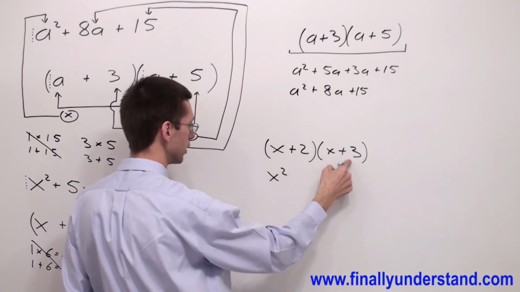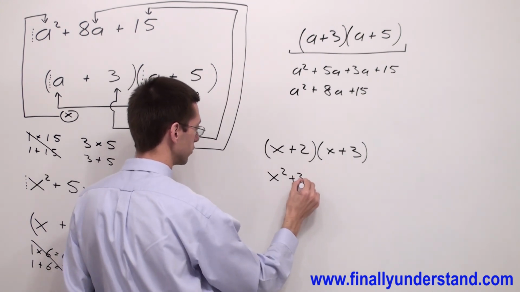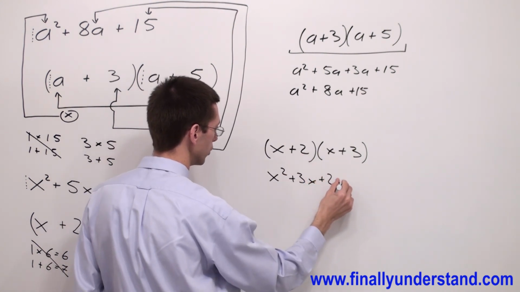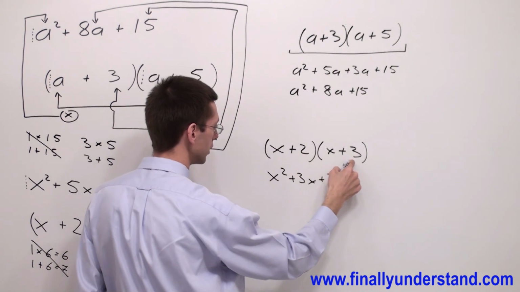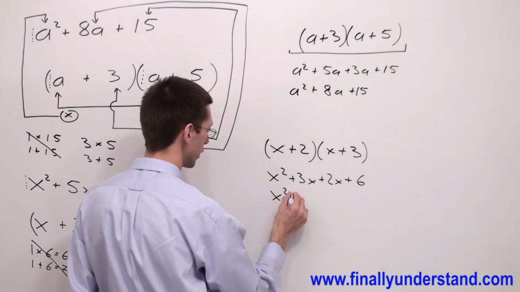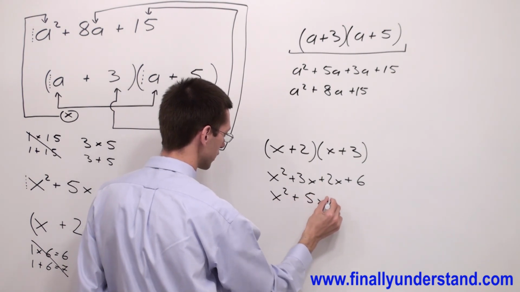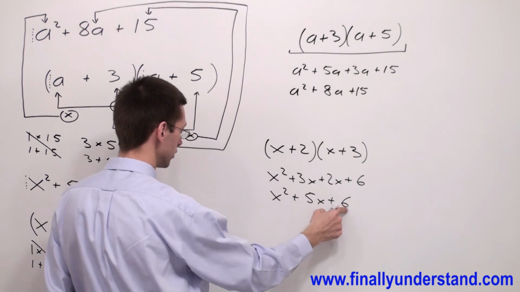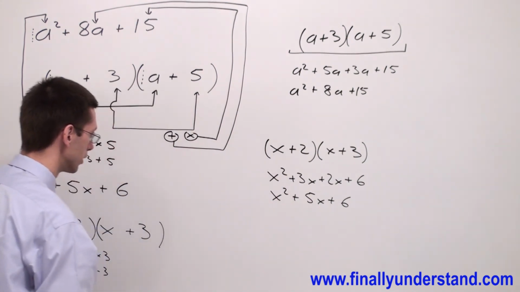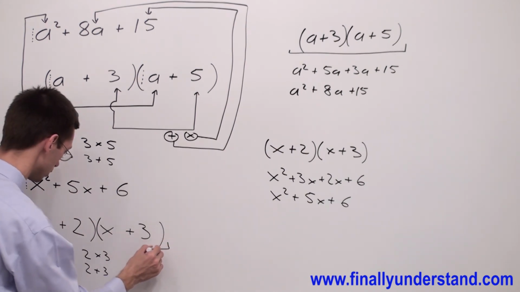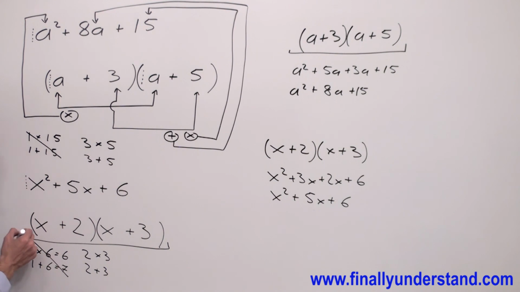X times 3 is positive 3x. 2 times x is 2x. 2 times 3 is 6. So I have x squared plus 5x plus 6. As you can see, this trinomial is exactly the same as the original trinomial. So this is the solution to my problem.